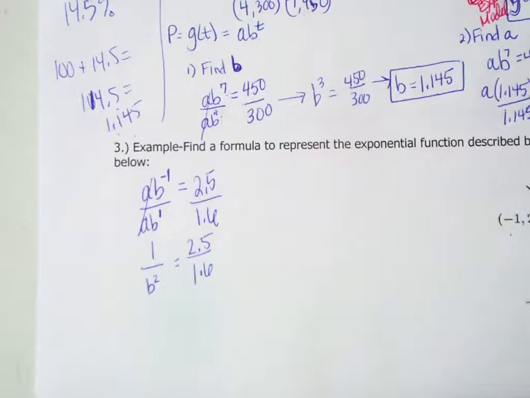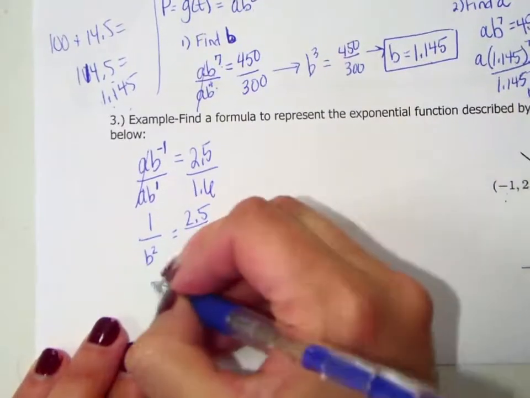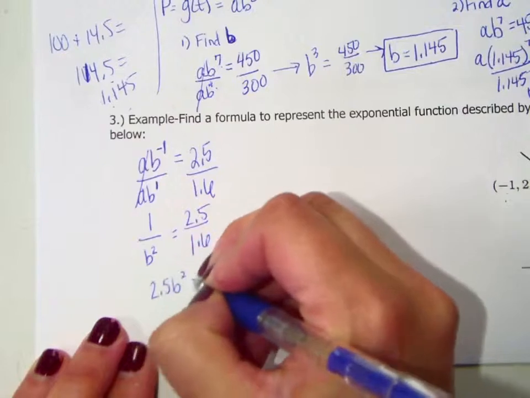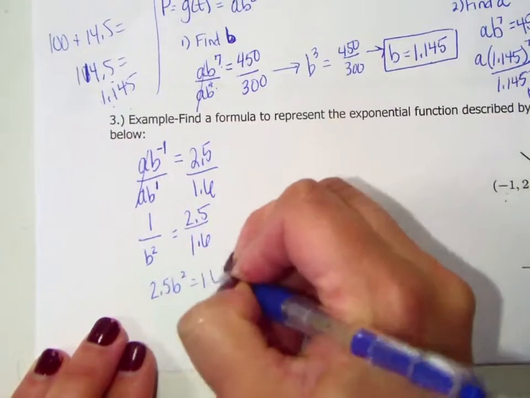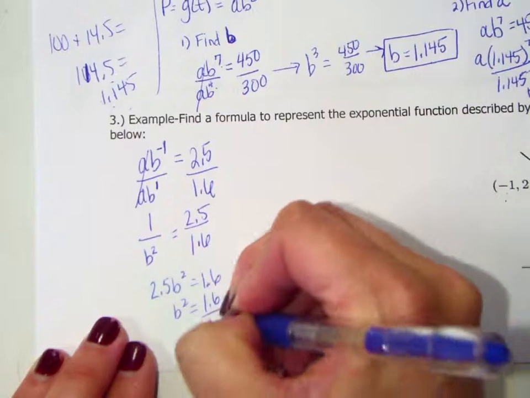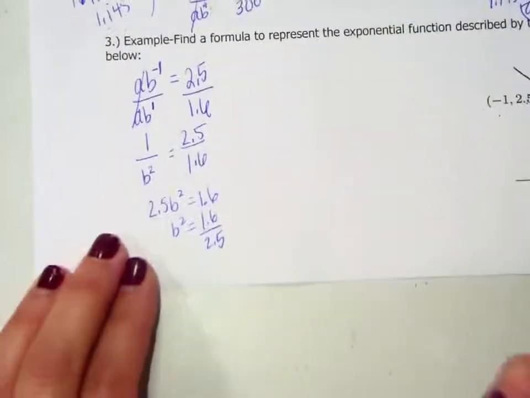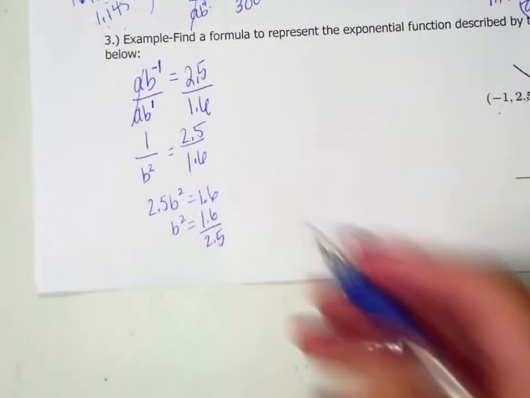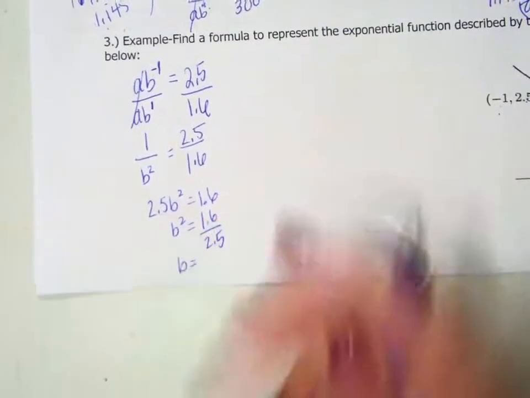And to me, that looks like a proportion. So we can cross multiply and divide. And then take the square root of that ratio to get the value of b.